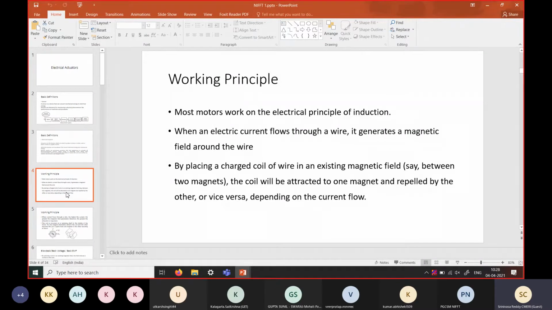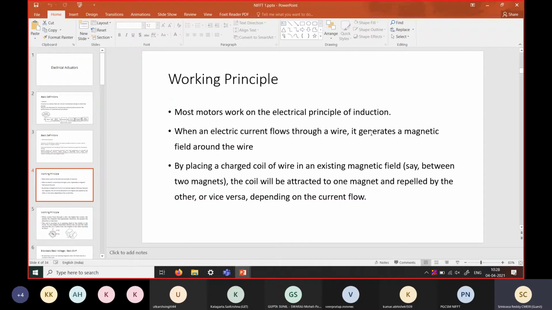When this is placed in another magnetic field, which has two poles, south pole and north pole, like poles repel, or north and south will attract.